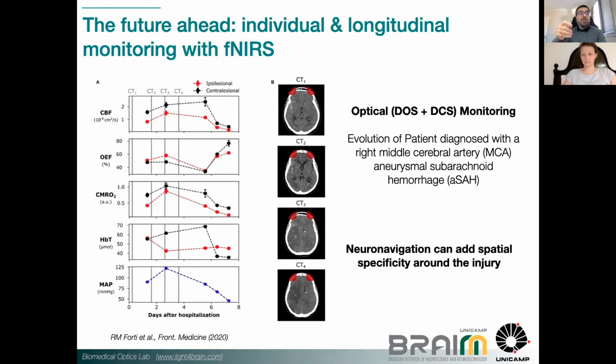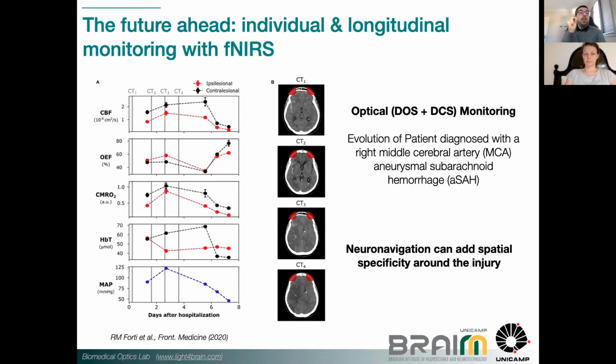And in this case, what you really want to monitor is the ischemia itself. So you don't want to be wrong. You don't want to be 1 centimeter off. You want to really measure the ischemia and what's going on in the ischemia. So by neuronavigating in real time, motion artifact is not a problem in this case because the patients are typically in a coma, so they don't move.